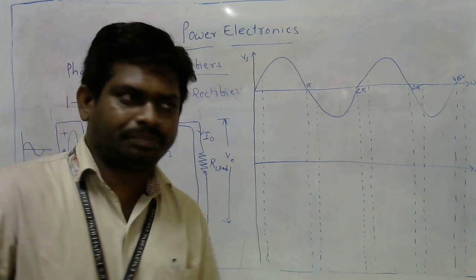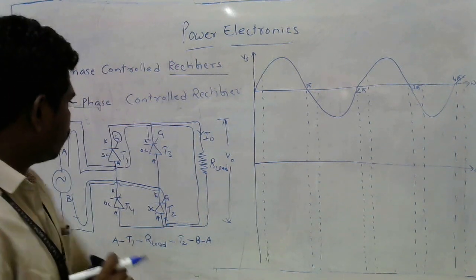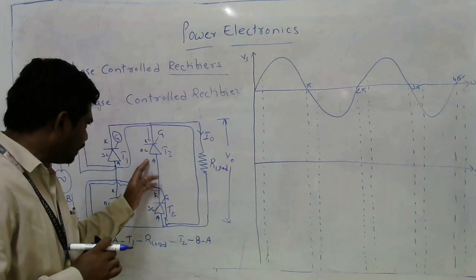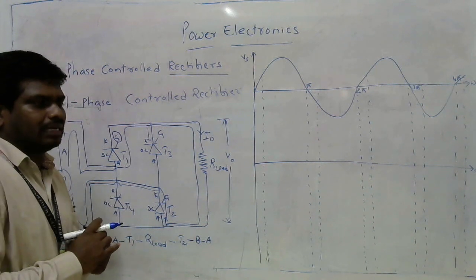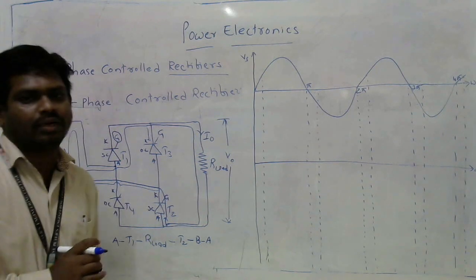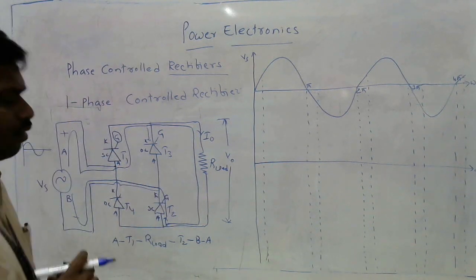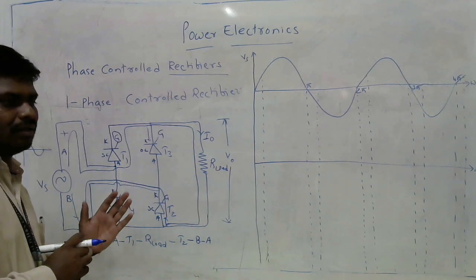That is the question. Okay, definitely not. It doesn't conduct, because in that class itself I gave one hint. The combination of both forward voltage and gate voltage will provide the conduction of SCR. That is the fundamental rule.